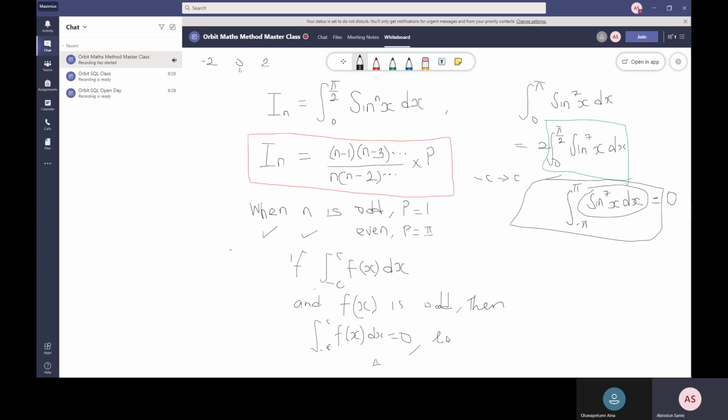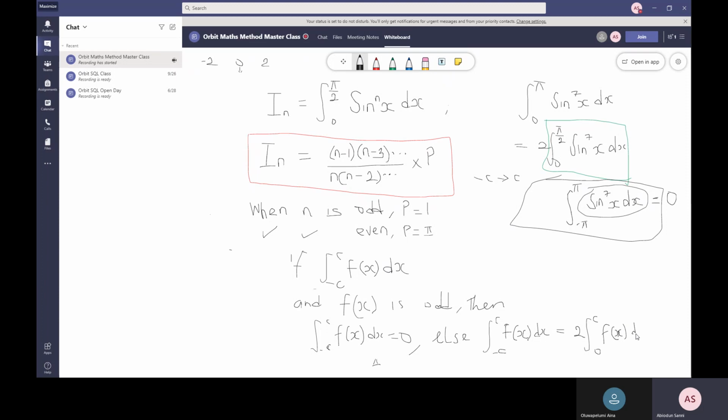Else, if f of x is even, then the integral from minus c to c of f of x dx is equal to 2 times the integral from 0 to c of f of x dx.